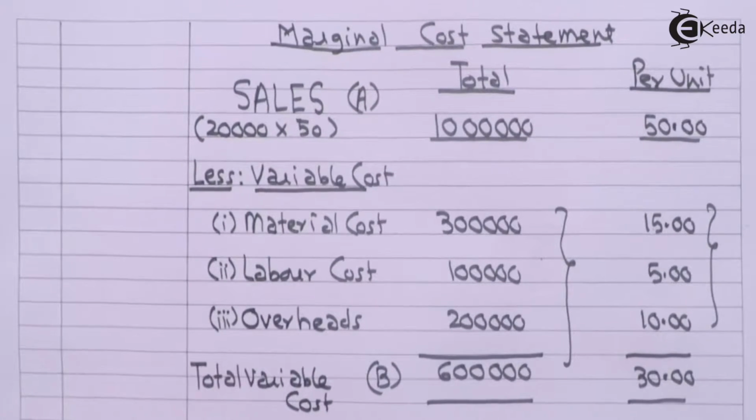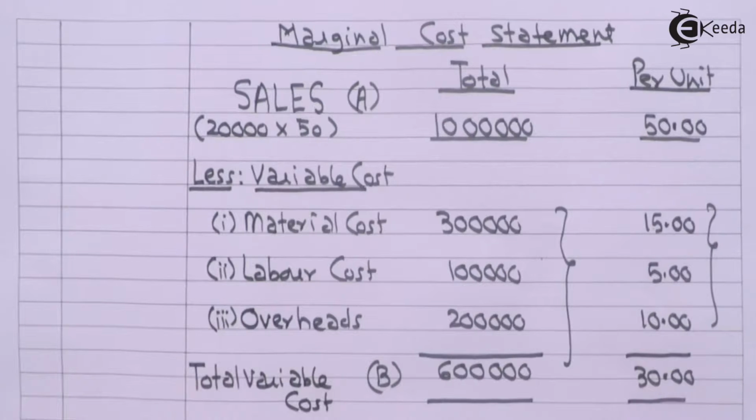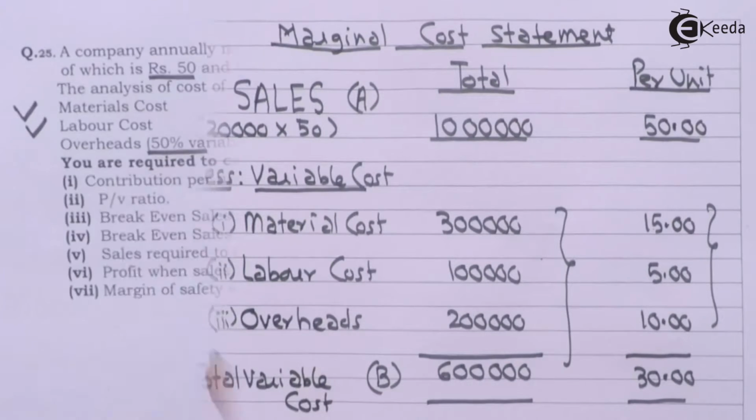A minus B, we get contribution. 10 lakh minus 6 lakhs will be 4 lakhs. Similarly per unit, 50 rupees minus 30 rupees, per unit contribution is rupees 20.